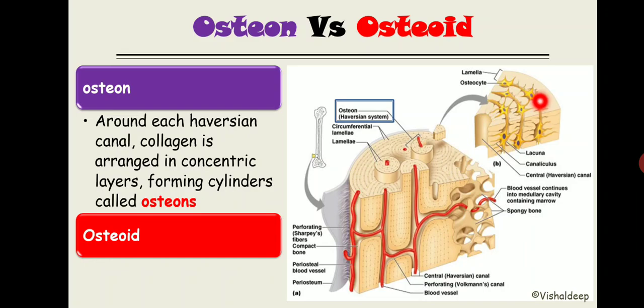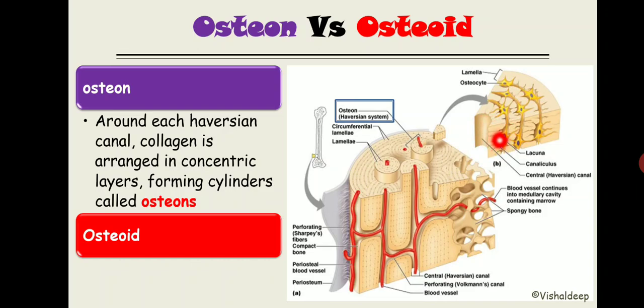But right now let's understand that this one is the osteoblast. It starts secreting the collagen fiber and makes a concentric layer. It does not yet start secreting calcium and phosphate. So that particular portion of the osteon has not yet started mineralization, but it is made up of collagen, right?